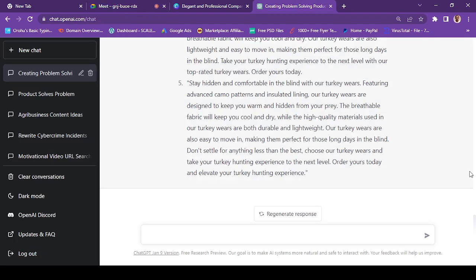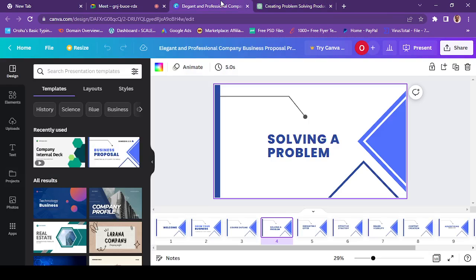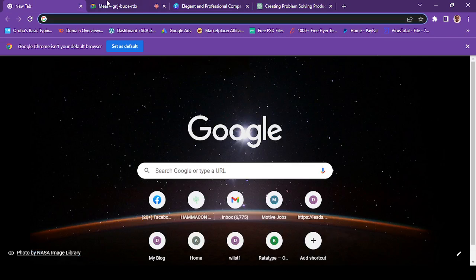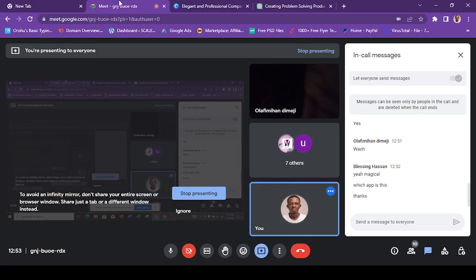All right. Now the AI has been able to generate about 5 different pieces of content. So if I want to publish them, I can decide to copy them and publish. Maybe I want to advertise, I can just come to this AI tool and write something compelling and attractive. After that, I can copy and publish.